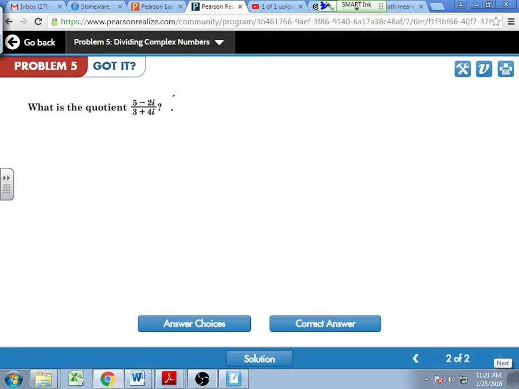So we're going to multiply top and bottom by 3 minus 4i. I can go ahead and identify that because of the difference of squares, the outer and the inner will cancel each other out. So really my denominator is just going to have the firsts, my 3 times my 3, which is 9, and my lasts, which turns into minus 16i squared.